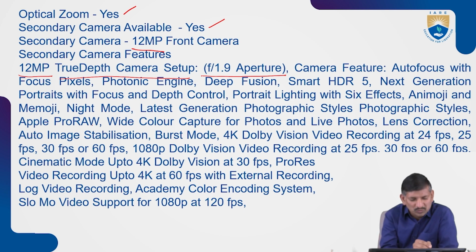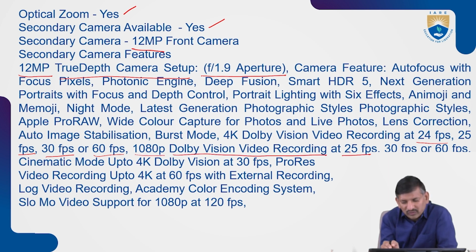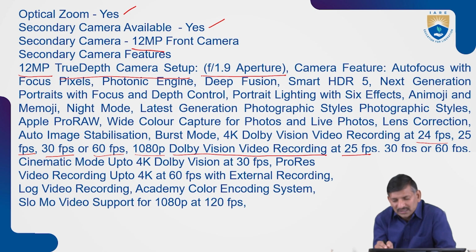Photographic styles, auto program, wide color capture for photos and Live Photos, lens correction, auto image stabilization, burst mode, 4K Dolby Vision video recording at 24 frames per second, 25 frames per second, 30 frames per second, or 60 frames per second, and 1080p Dolby Vision video recording at 25, 30, or 60 frames per second.